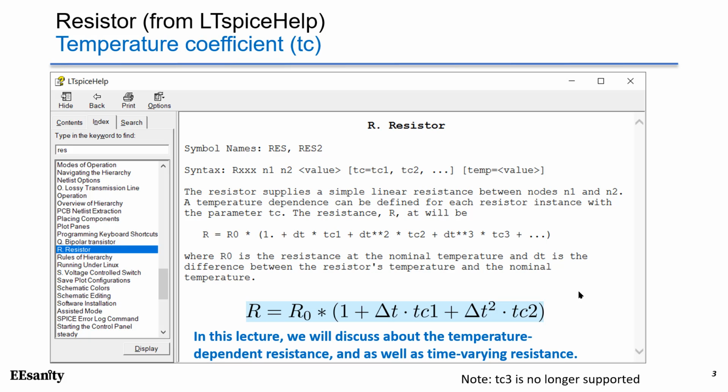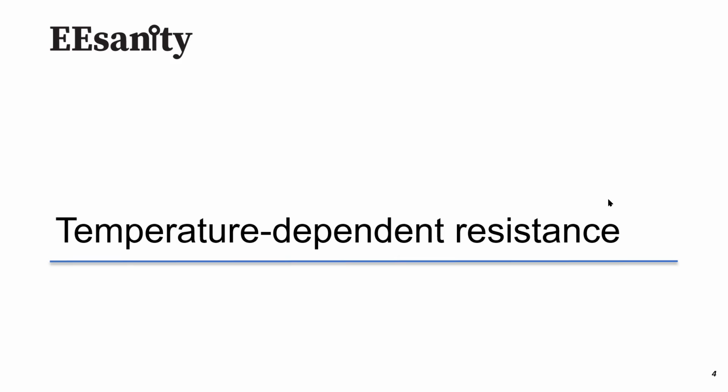In this lecture, we will discuss temperature-dependent resistance and also time-varying resistance. Notice that the default temperature in LTspice is 27 degrees C, and the nominal temperature Tnorm is 27 degrees C as well. The first subtopic is about temperature-dependent resistance.